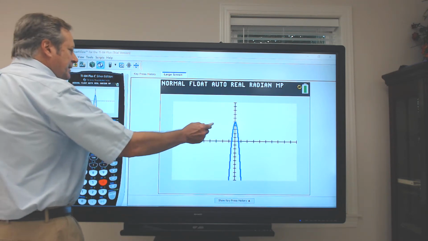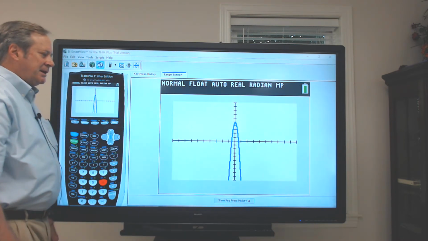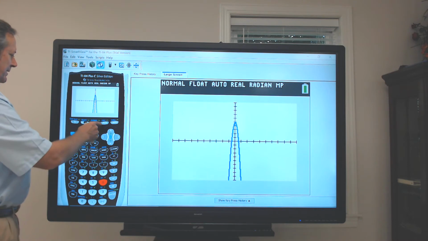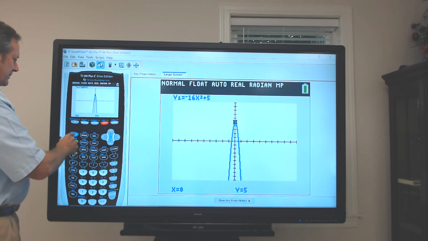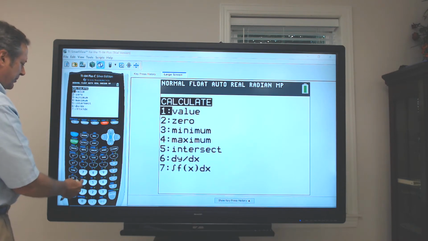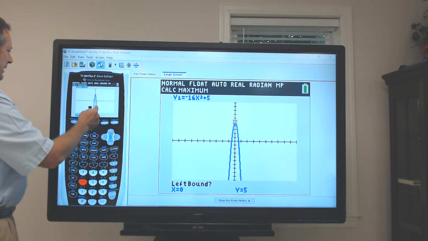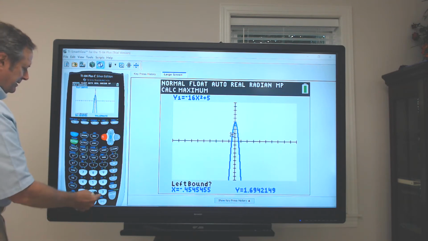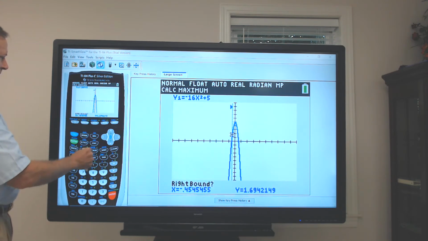All right, if you want to find out what that max point is, there's a special program that we've been over once at least, and you go where it's calc: you go second, calc, number 4, the max program. And you need to get that cursor on the left side, and then you hit enter. It wants a right boundary.